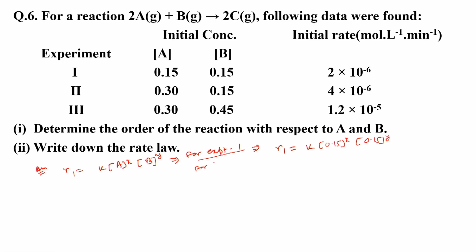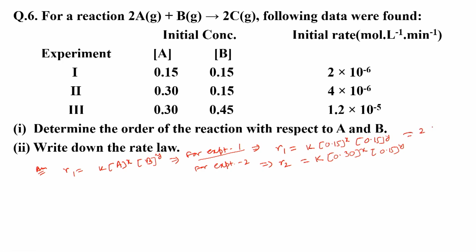Similarly, for experiment 2, we write R2 is k 0.30 to the x times 0.15 to the y, and the rate here is also given.